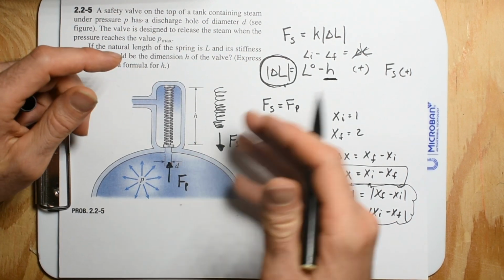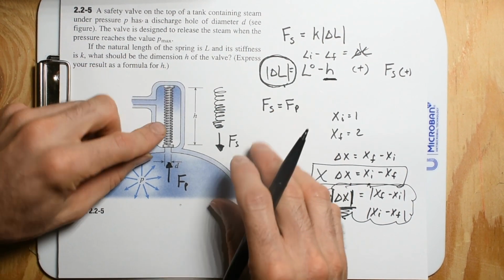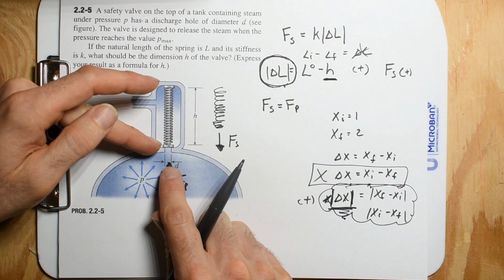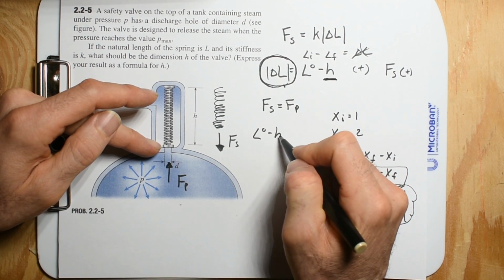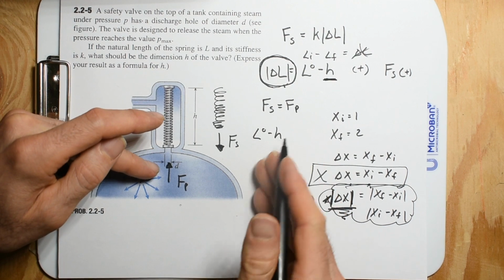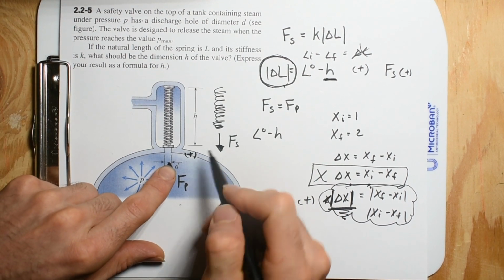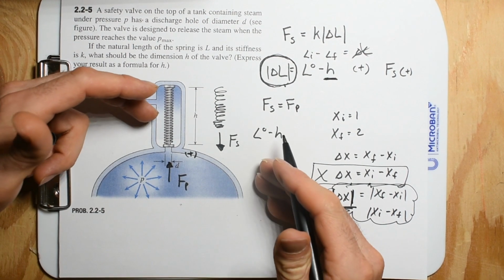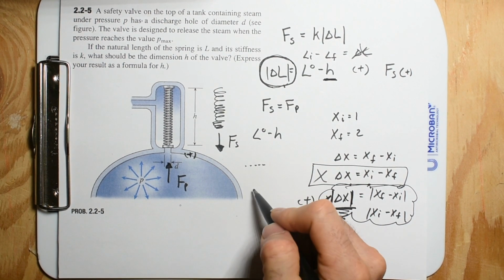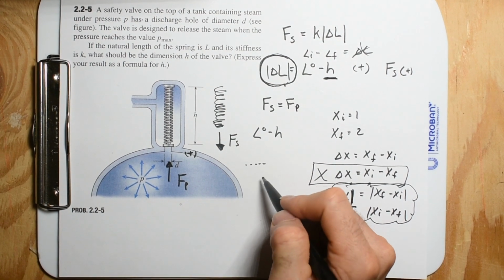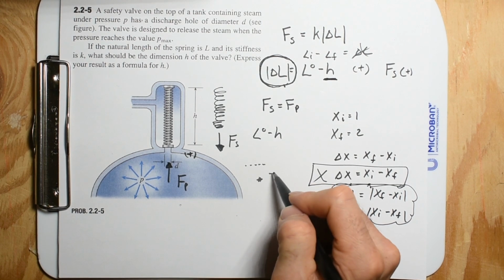But I think for any problem, to start, you ask what's the change in length? Well, it's going to be L naught minus h. That's what I see if I want to get the positive value, because we live in a geometric world where, let's say, there is no negative. It's like, how many apples did you buy today? Well, I bought -2 apples.